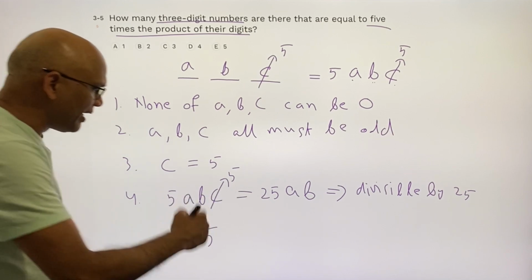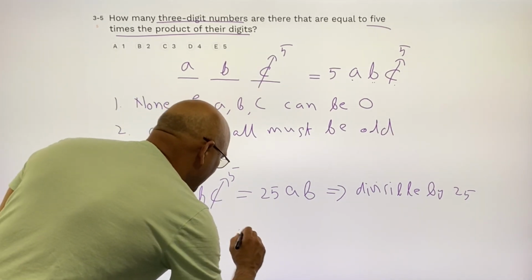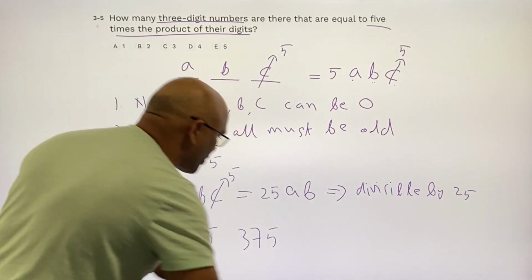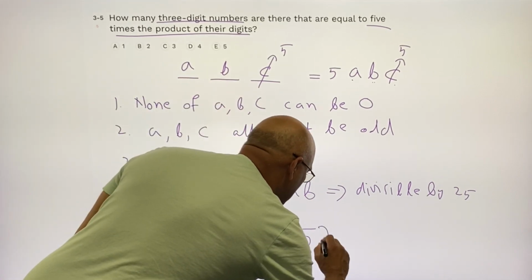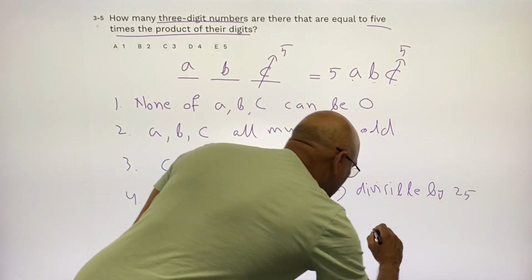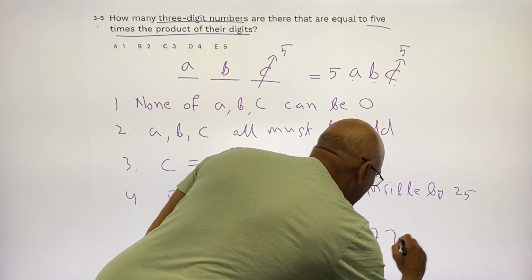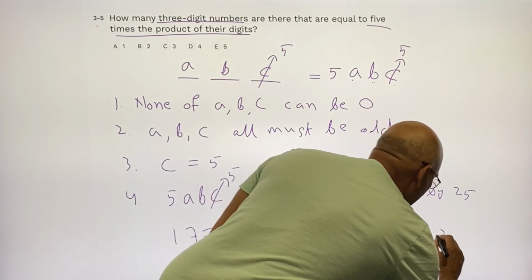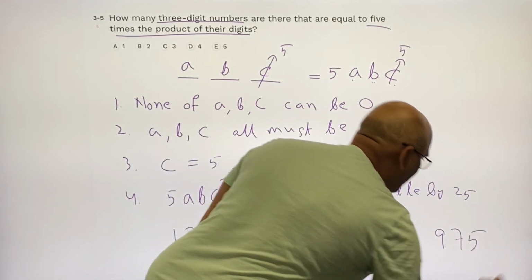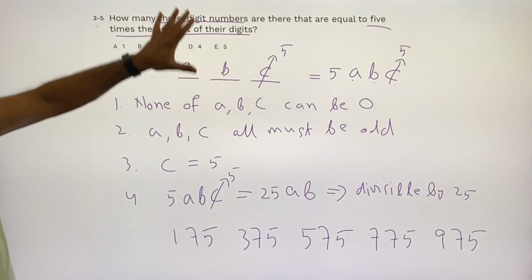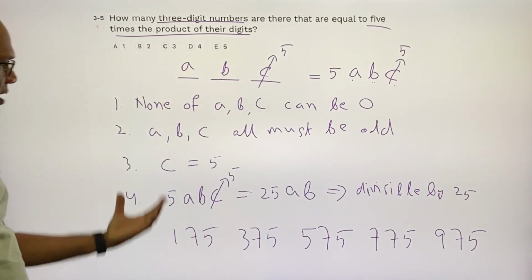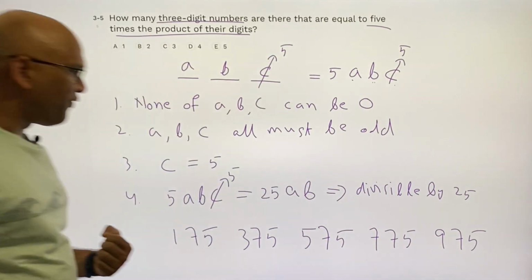Similarly, 375 is the next one that is going to work, then 575, 775, and then 975. So we narrowed down the 3-digit numbers to these few numbers.